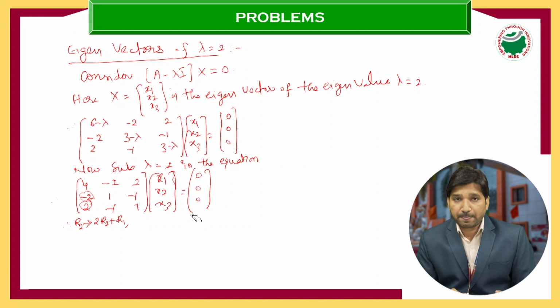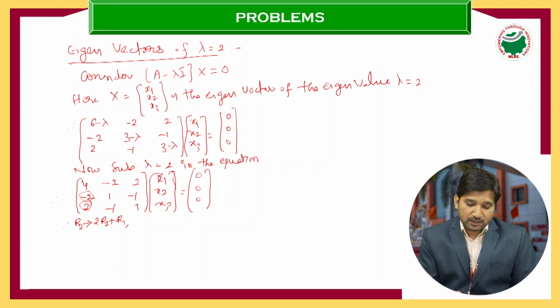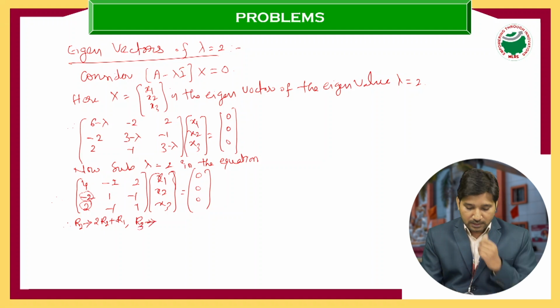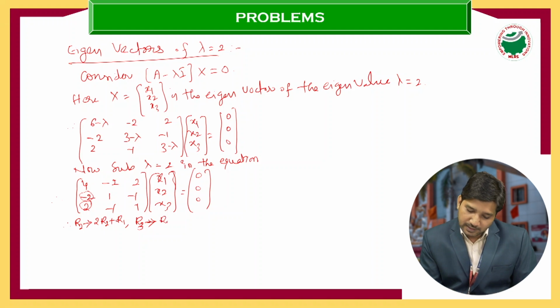You can easily make the row 3 first element 0 by using row 2. It is the easiest way.